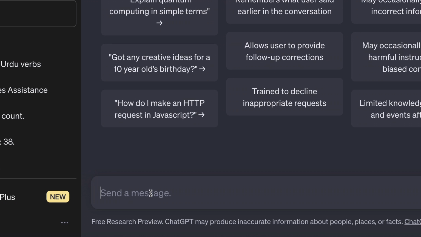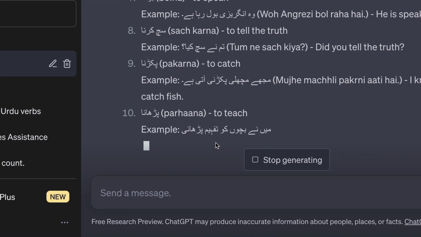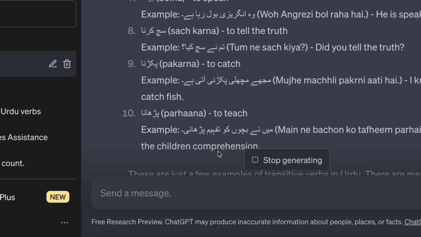What we're going to do here is we have ChatGPT here and we're going to ask it to tell us some Urdu transitive verbs. This is just me trying to use ChatGPT to see if we can learn Urdu with it.